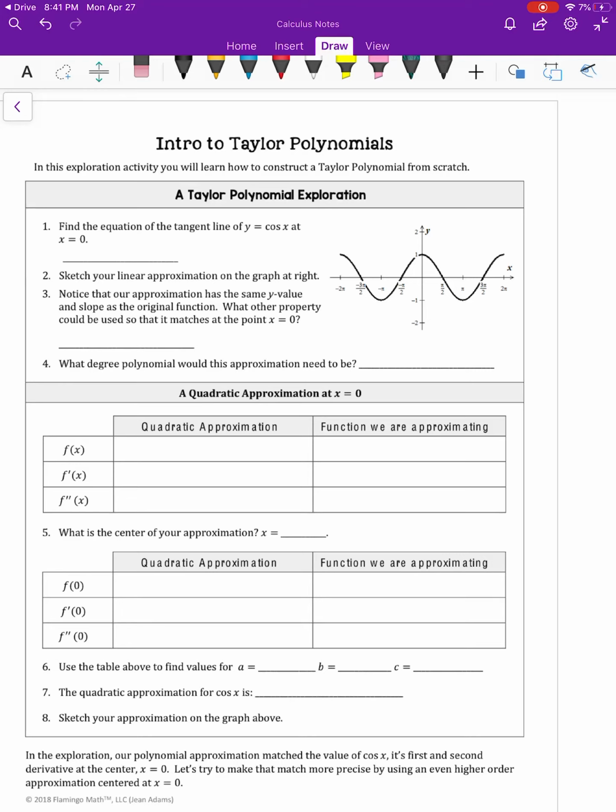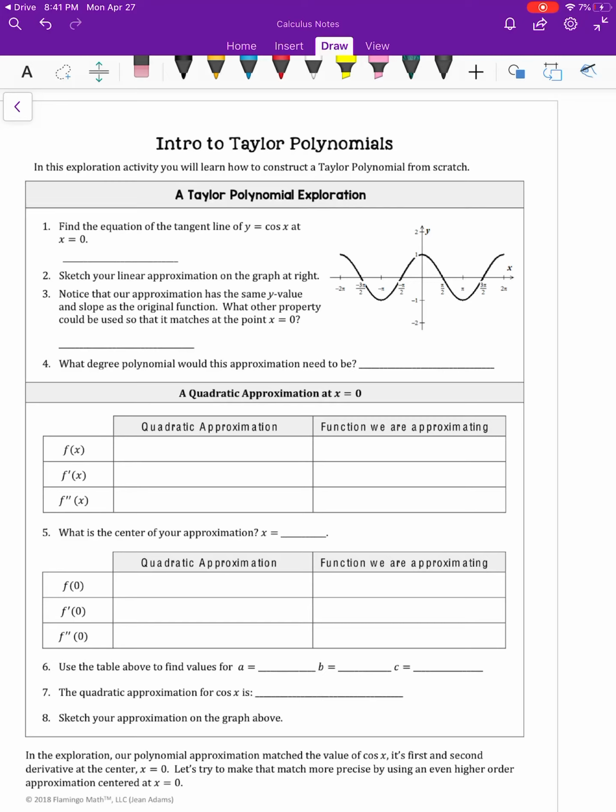Sometimes it is only good for 1 point, and sometimes it's good for an interval of values where it would be exactly the same on that interval, or close enough that it's very little error, okay?